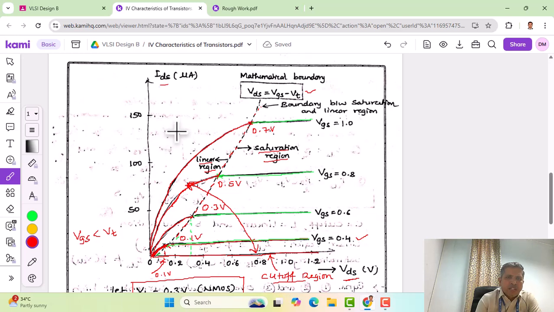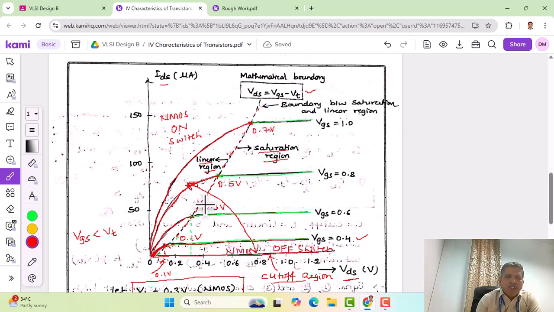Here the transistor can be used as an on switch. This is where NMOS remains as an on switch, whereas in the cutoff region, NMOS remains as an off switch.